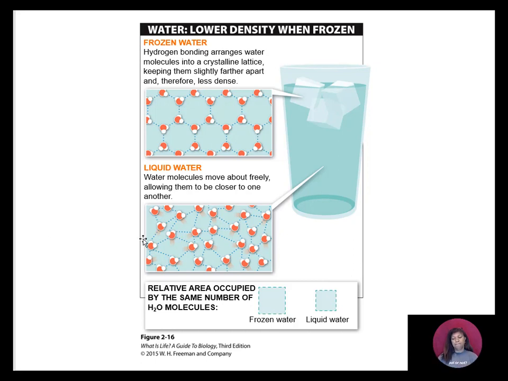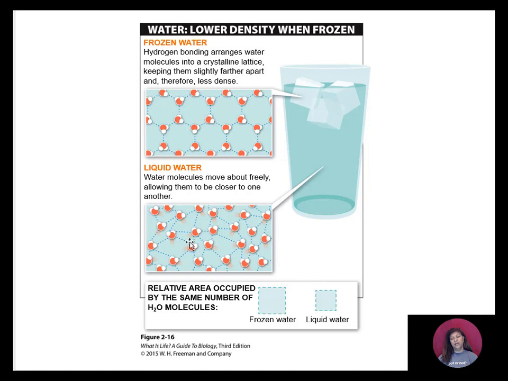Well, it turns out that when water is in its liquid state, the water molecules can move about freely, allowing them to be closer to one another. Except when we freeze them, a crystalline structure begins to form, keeping them slightly further apart, and therefore they're less dense.